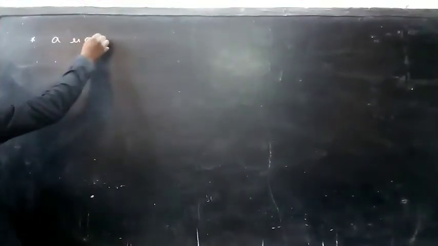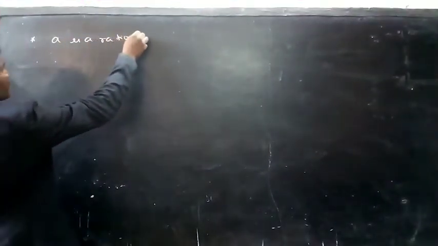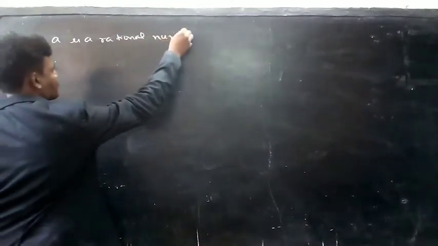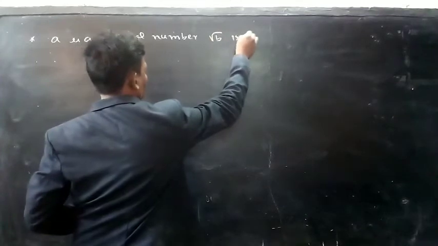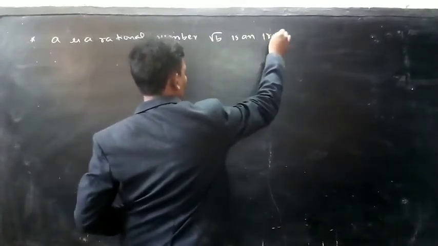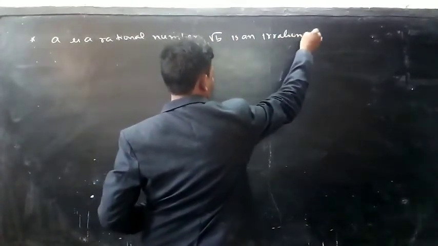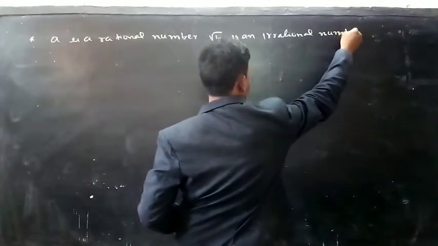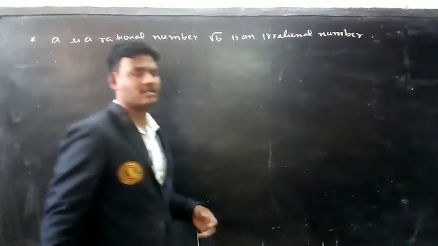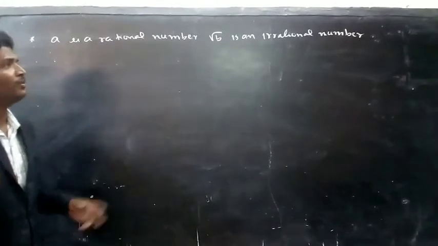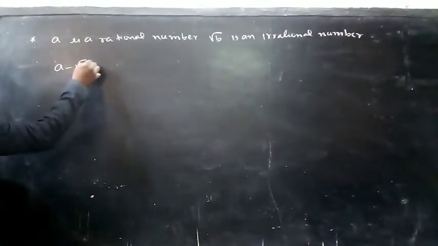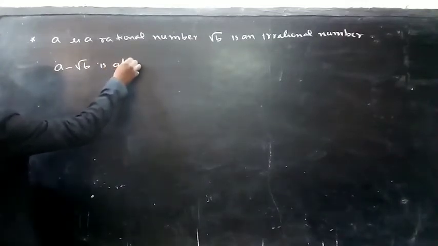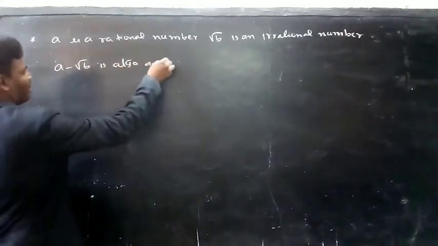A is a rational number and root B is an irrational number. Then A minus root B is also an irrational number.